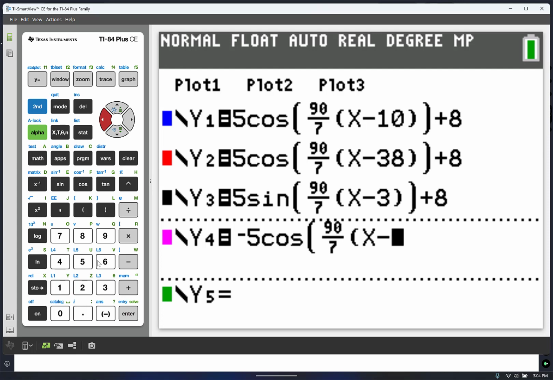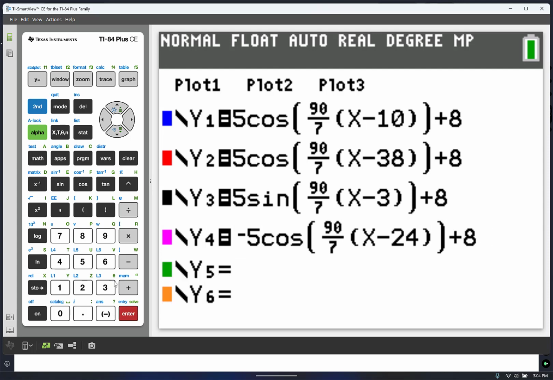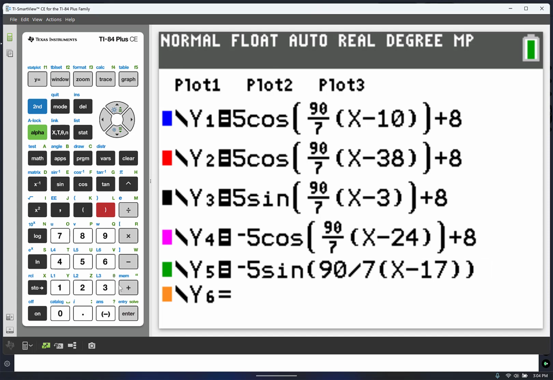Which one is it? 24 for the cosine, and close, plus 8. All right, here we go. For the sine, negative 5 sine, 90 over 7, open parenthesis, x minus, this one's 17. Close, plus 8.